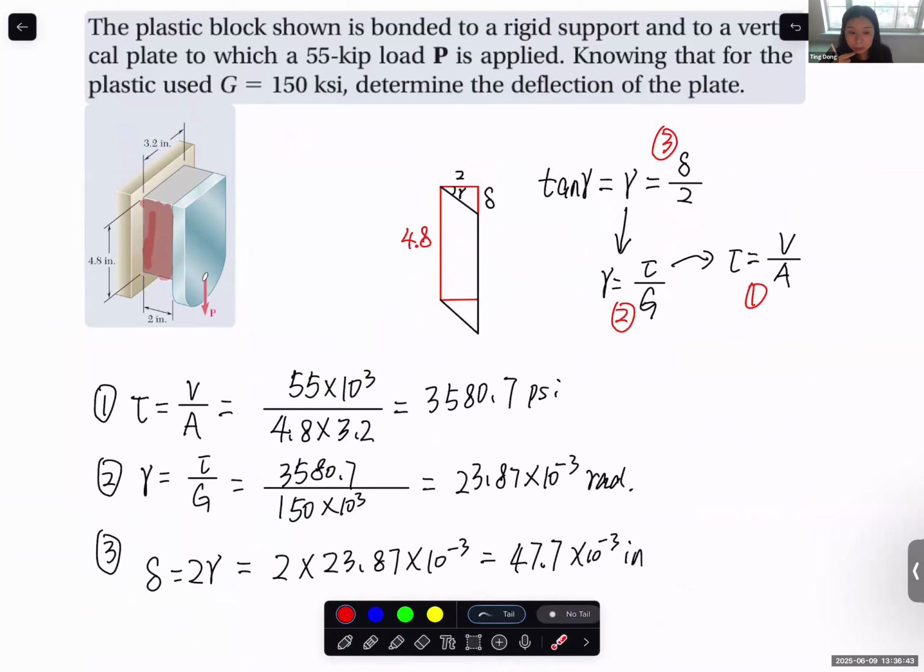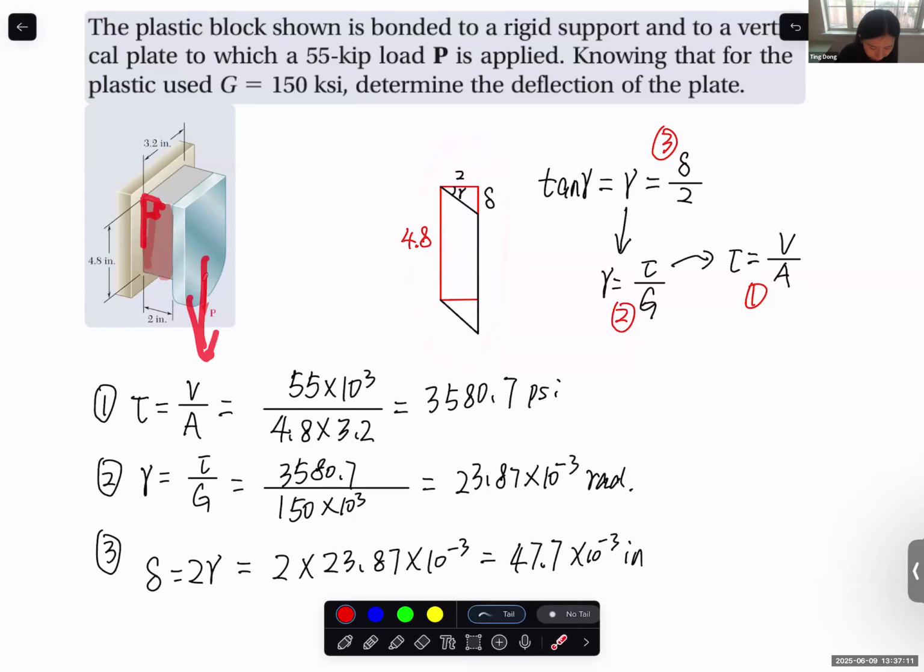Any other question for this example problem? Which drawing? This one? Okay, so this red rectangle represents this side surface I put here, right? Originally, this angle is perpendicular, it's 90 degrees.